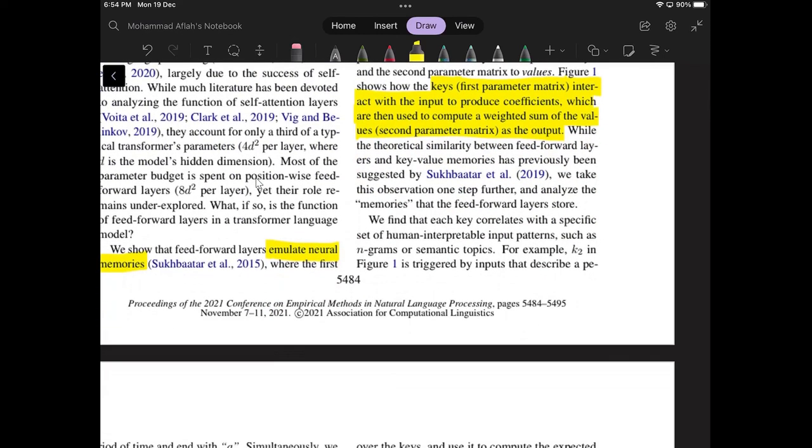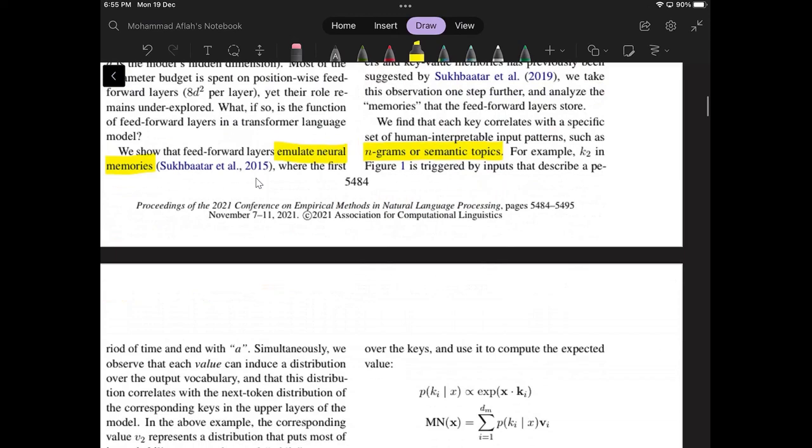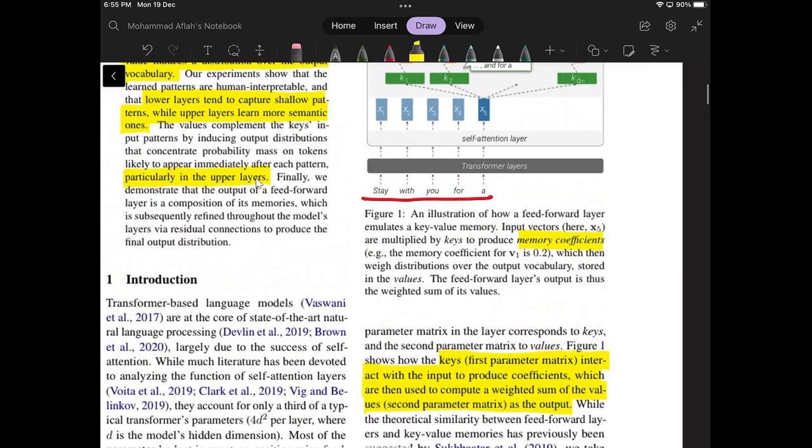Right. So we find that each key correlates with a specific set of human-interpretable input patterns, such as n-grams or semantic topics. For example, K2 in figure 1 is triggered by inputs that describe a period of time and end with "a". So what's K2 here?